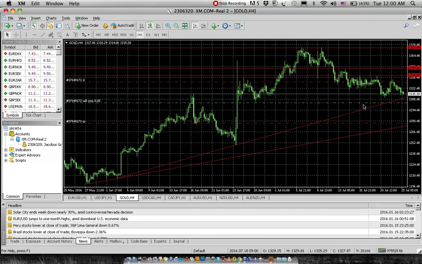So I kept my entry order level below this trend line over here, which is also slightly below this level over here, and looking to profit just above this trend line over here, with my stop loss comfortably above this trend line. Once the market enters here, once it takes me in, my stop loss would be comfortably above this trend line here, should the market then come back and test the back of this trend line.